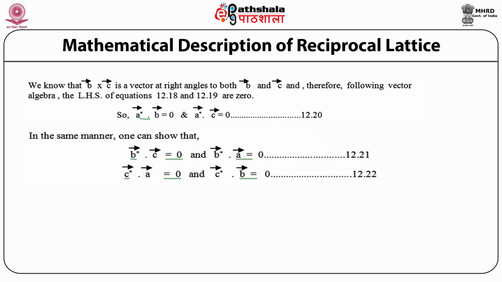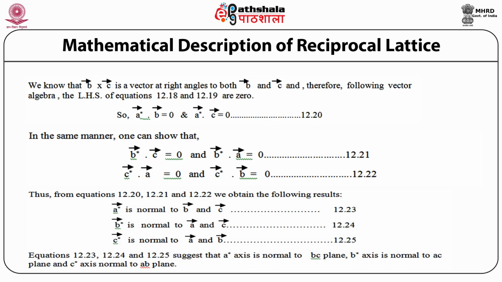In the same manner, one can show that b* vector dot c vector is equal to 0 and b* vector dot a vector is equal to 0, which is put as equation 12.21. c* vector dot a vector is equal to 0 and c* vector dot b vector is equal to 0, which is equation 12.22.